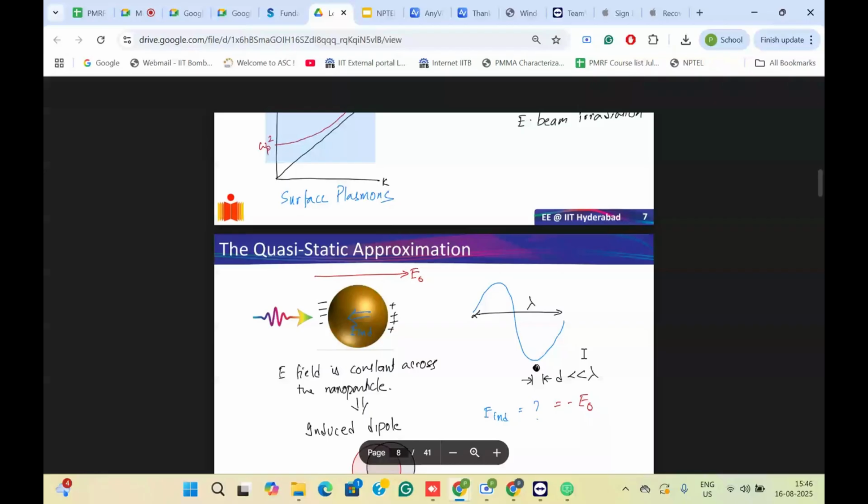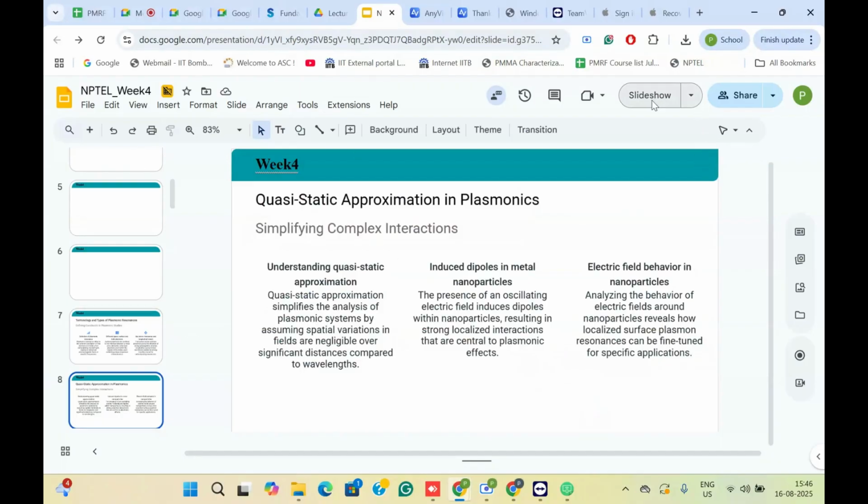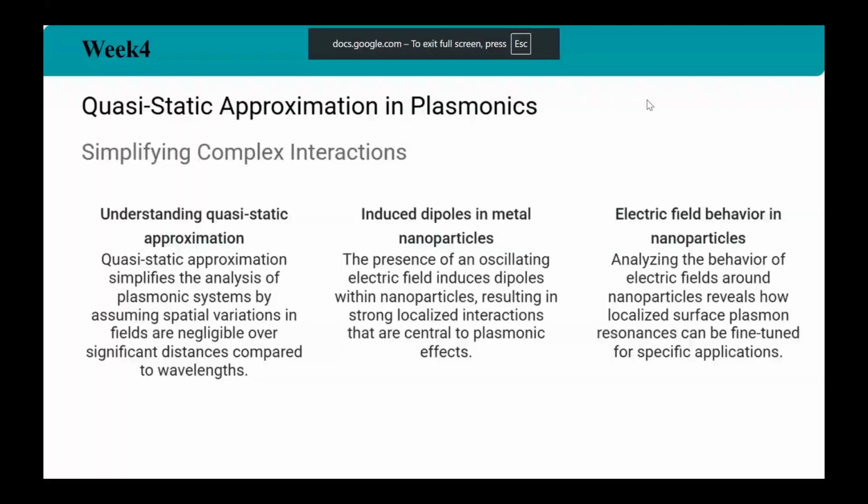Next we will understand what the quasi-static approximation is. The quasi-static approximation simplifies the analysis of plasmonic systems by assuming spatial variations in fields are negligible over distances significant compared to the wavelength.